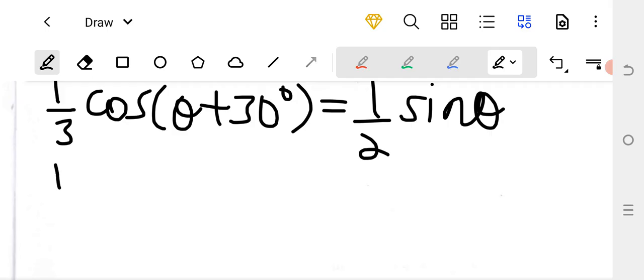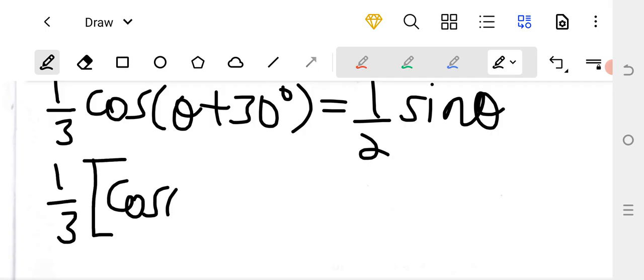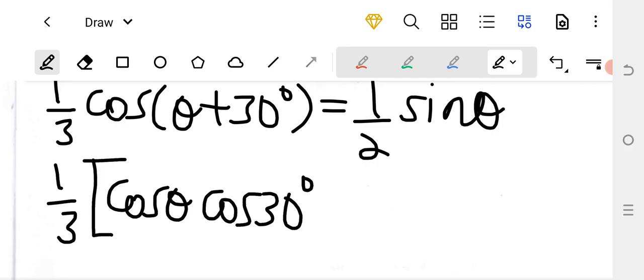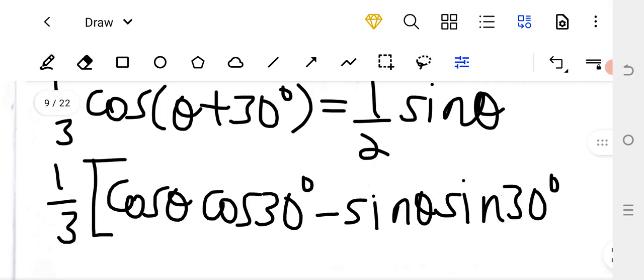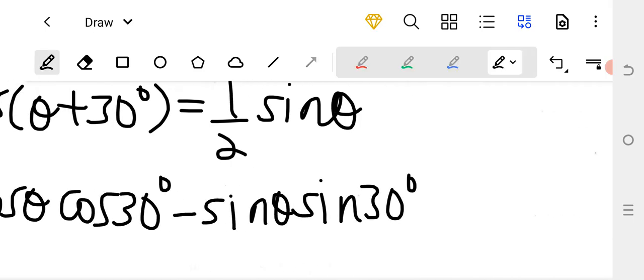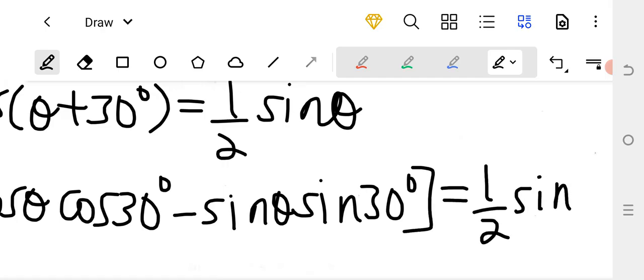So we are going to say 1/3 multiplied by, if you expand this, cos theta cos 30 degrees, and then when you're expanding, the sign changes to a minus, so minus sine theta sine 30 degrees. Then is equal to 1 over 2 sine theta.